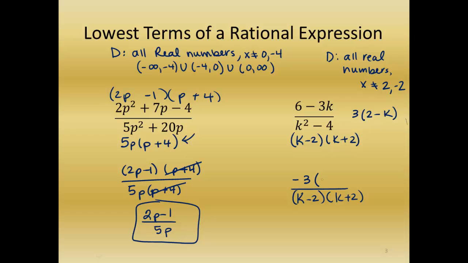That way, I would end up with a -2 plus k, which is the same as my k minus 2. You could have written this as k minus 2. That would be fine. Now that will reduce with the k minus 2 in the denominator, so I'm left with -3 over k plus 2. This is a rational expression in lowest terms.